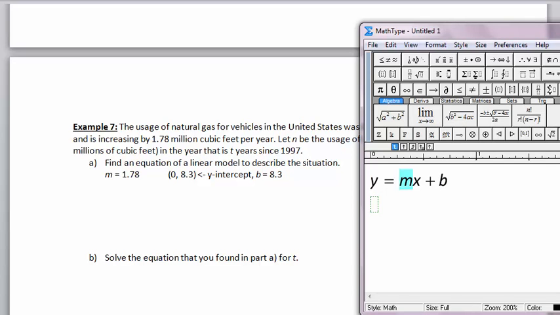So the equation of our line will be y equals 1.78x plus 8.3. X and y aren't the variables of the problem though, so let's go ahead and change those. The independent variable is t for years since 1997, and the dependent variable will be n for natural gas usage.